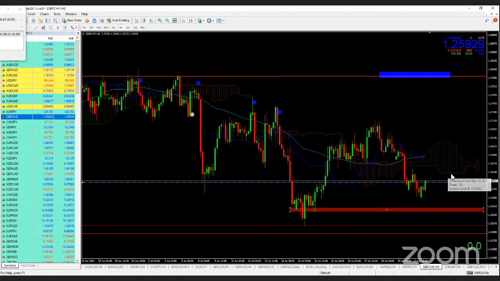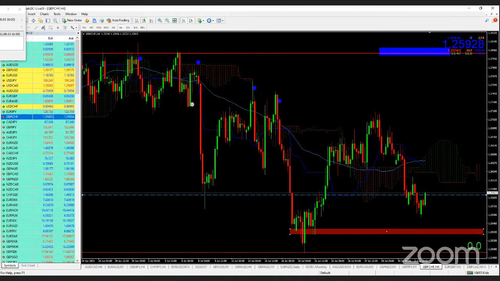I know some people are looking at it and thinking, doesn't the Ichimoku tell you that if you're under the cloud, you should be selling? Yes, Ichimoku tells us that, but there are times when we break the rules.